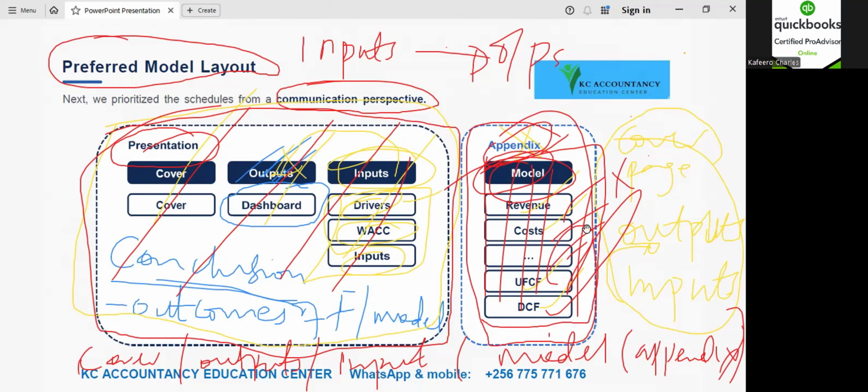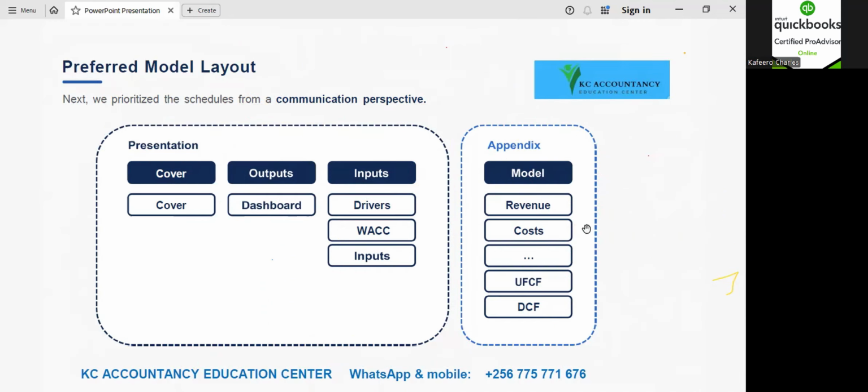What you are going to do is focus on the dashboards and what that dashboard is actually telling you, because the dashboard will give you the conclusion.